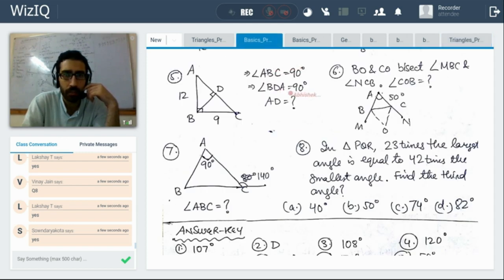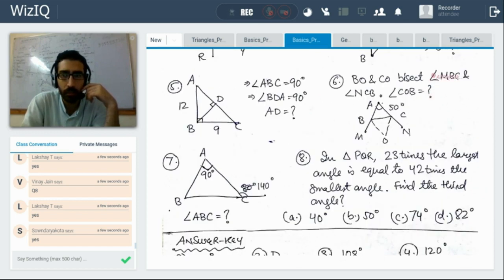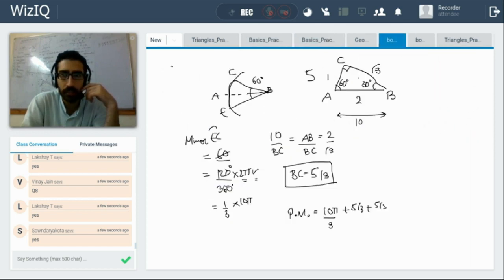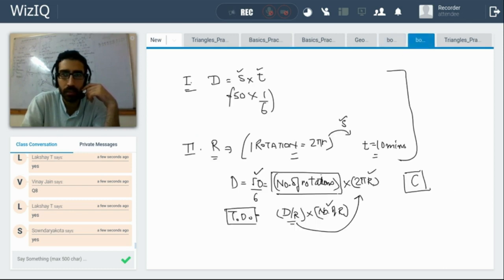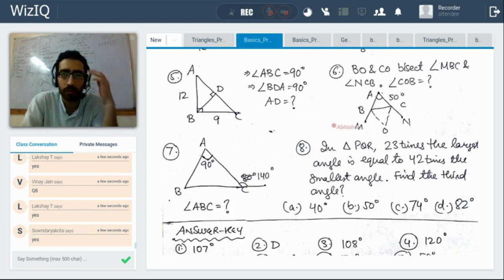Okay, it's working here. I think there's probably a problem with the sheet. Let's check it. Yes. So it's working on the board, so I'll probably solve that question on the board.